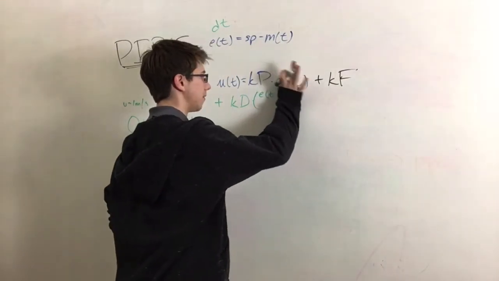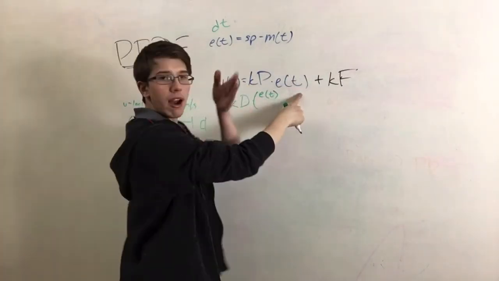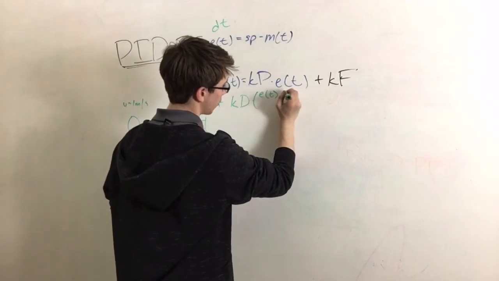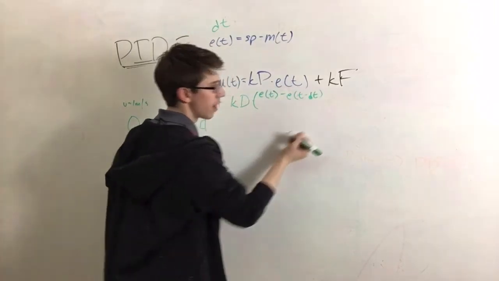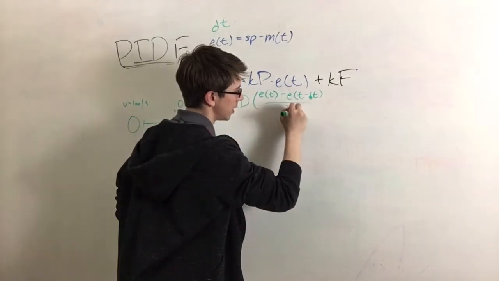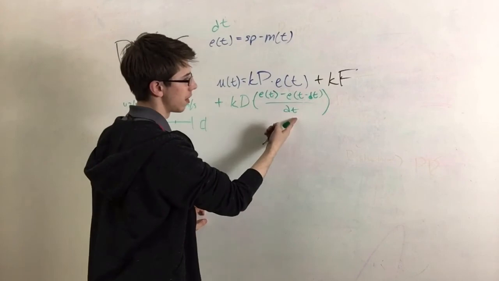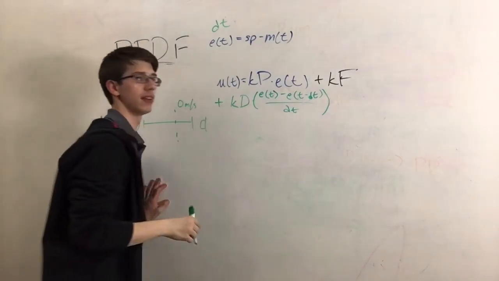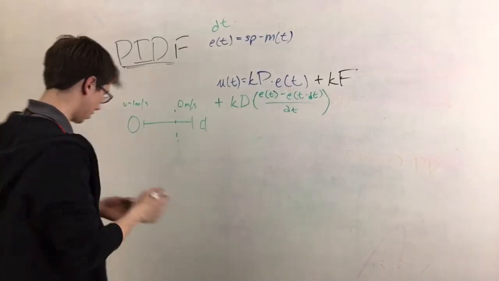But let's just say E of t in this case, because currently t is our current value, and then we're going to subtract our previous value, which was t minus dt, and then divide that by dt. So this is our previous error, and this is our current error. We're going to divide that all by dt and multiply that by kd. All right, that's it. That is our derivative term.